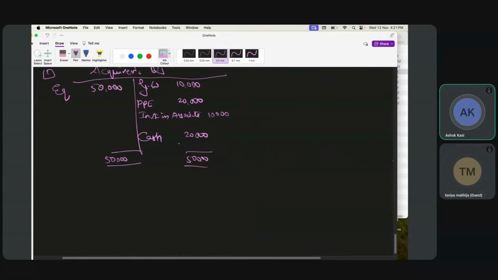That has to go from my cash, so minus 10,000. All the balances will remain the same. That's it, over for the first question.